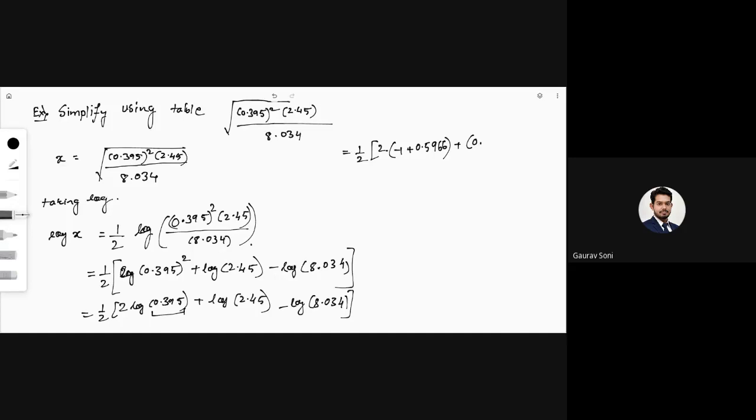If you have a number greater than 1, then what we do is number of digits -1. That will be the characteristic, 0, plus look at the mantissa for the second number, 2.4 and 5. The number is 3892. So 0.3892.